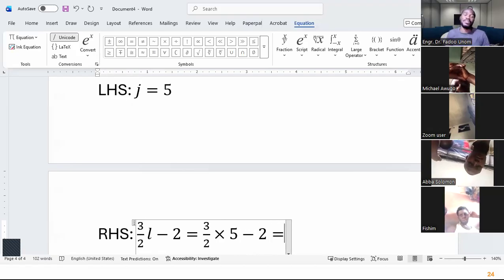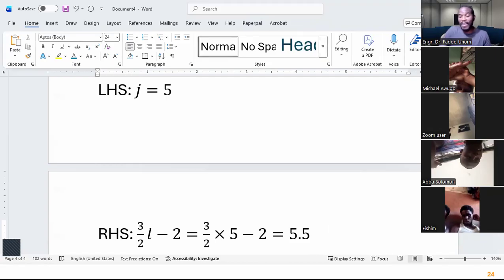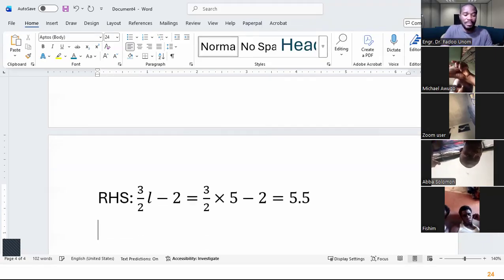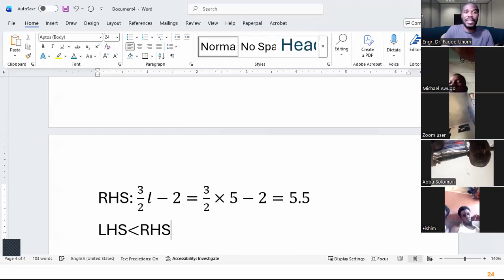Let's look at this math. 3 times 5 is 15. If you divide that by 2, you have 7.5. If you subtract 2 from 7.5, you have 5.5. Okay? And you look at the left-hand side is 5. The right-hand side is 5.5. So again, the left-hand side is less than the right-hand side.